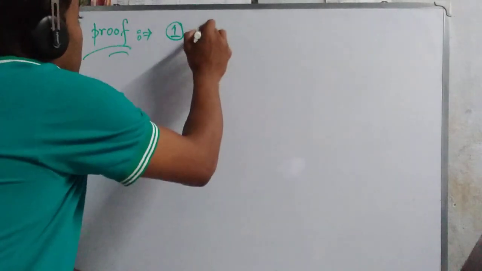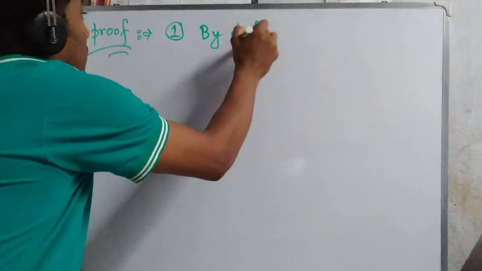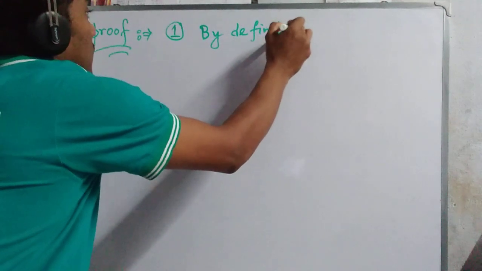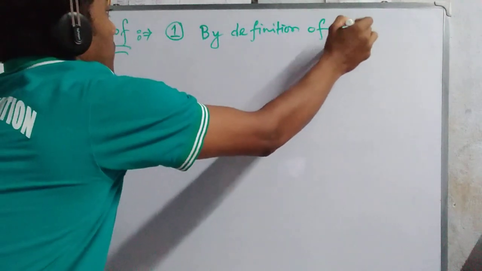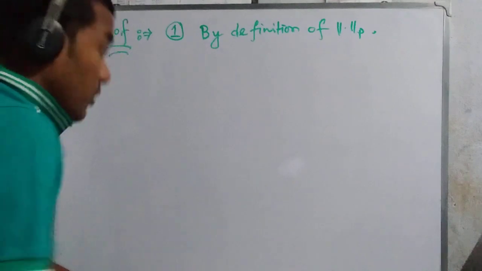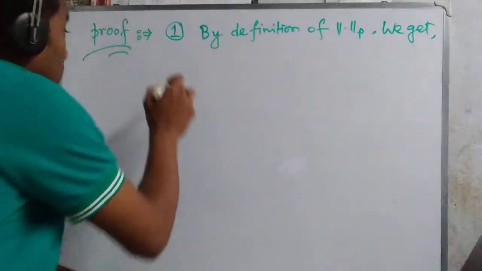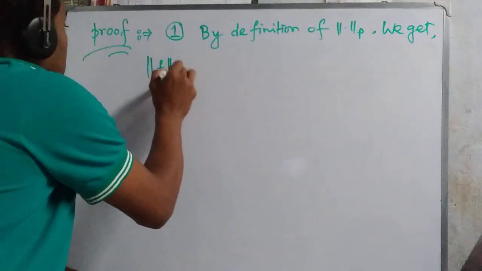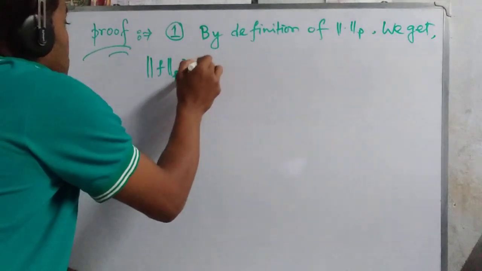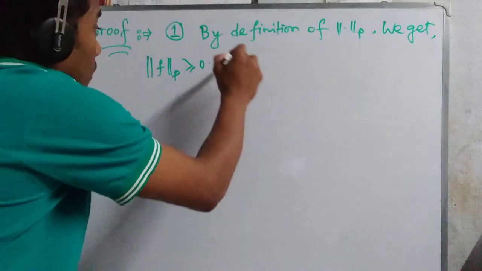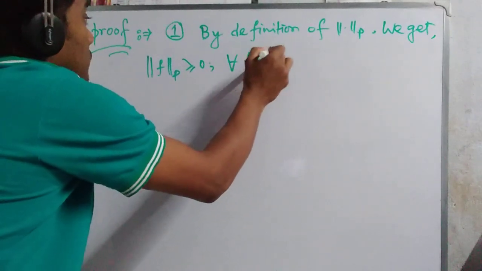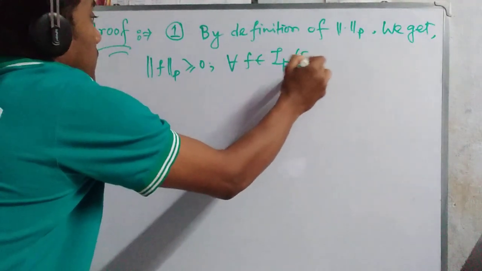Now obviously by definition of norm p we get norm of f p greater than or equal to 0 for all f belongs to L^p(E).